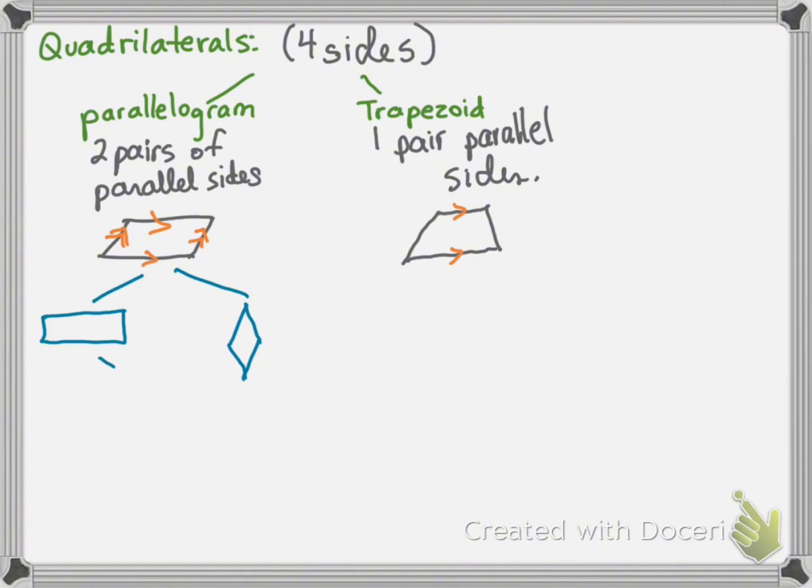Now, if again we bring them together, we have the square, which is a parallelogram that is both a rectangle and a rhombus. And this is the review on quadrilaterals.